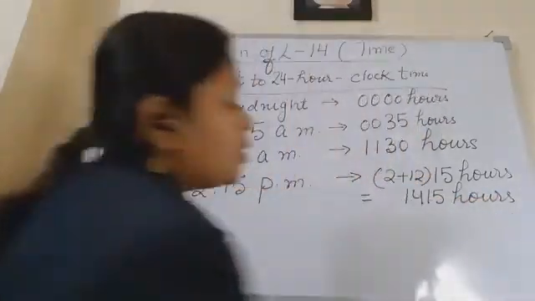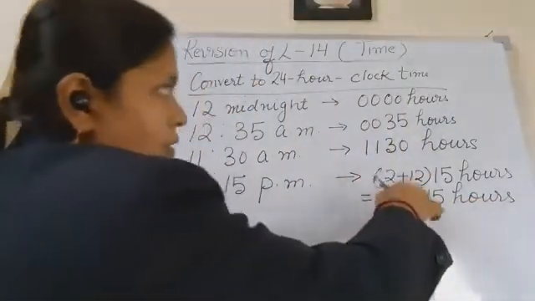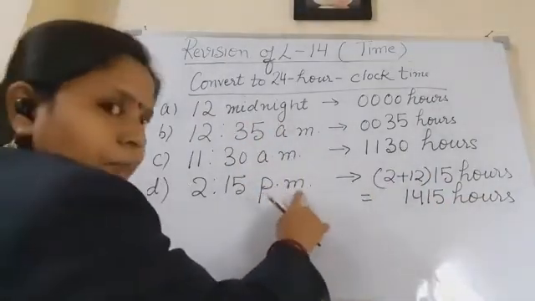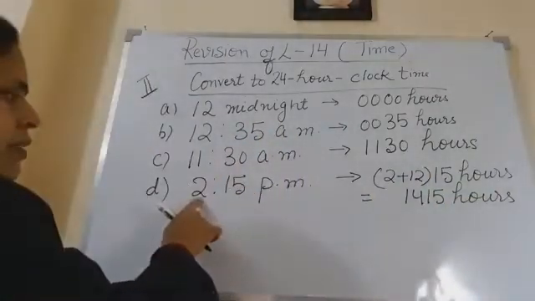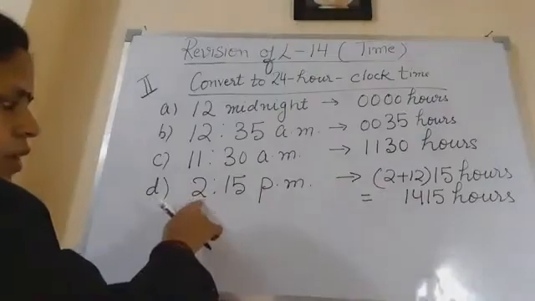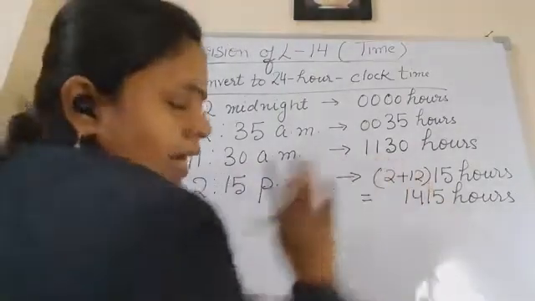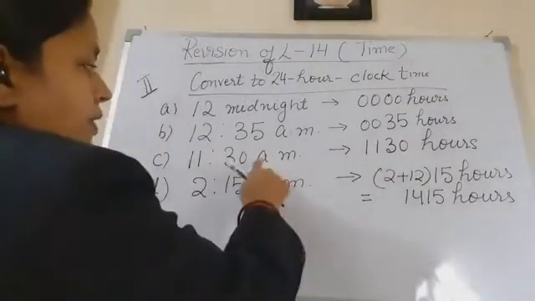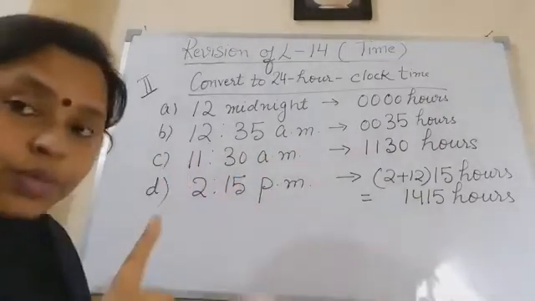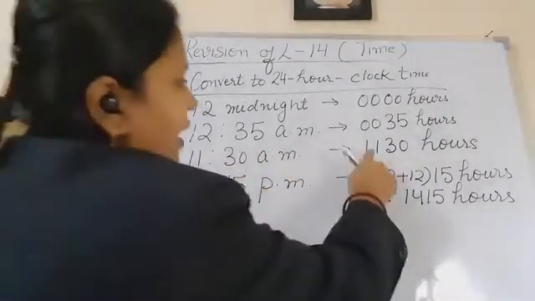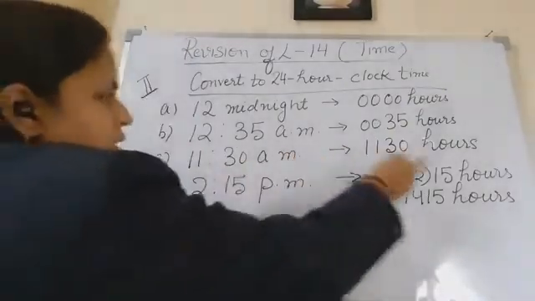Is that clear? So whenever the time is in PM, whatever hour is given in the 12-hour clock, you will add 12 to that hour. Okay. But if the time is in AM, then you are not going to add 12. Then you will directly write that hour, okay, and the minute.